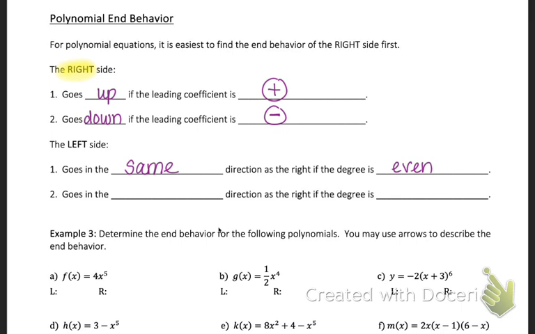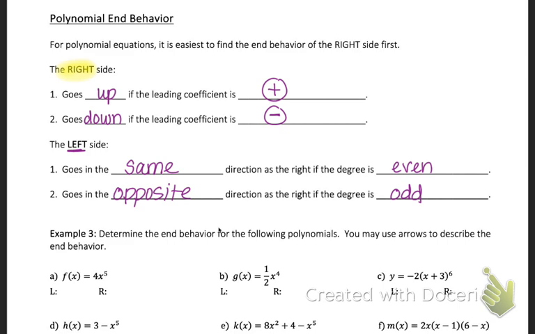So if it's positive on the right and my degree is even, then it will also be positive on the left. I think I said right a second ago, but this is the rule for the left side. So it will go in the opposite direction as the right side if the degree is odd.